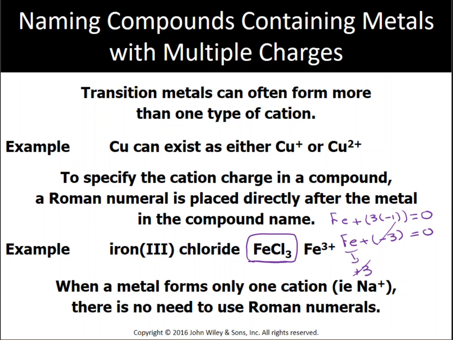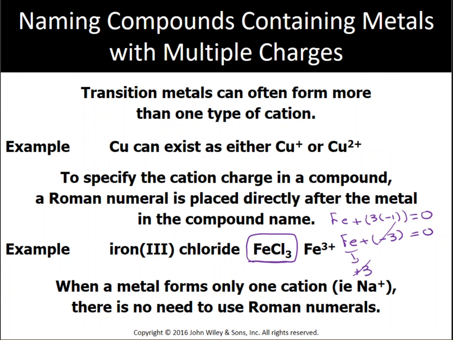So for every single ionic compound where your metal is a transition metal, you need to do this little calculation to figure out what the charge of the transition metal is. So keep in mind that the way you're going to do it is by looking at the charge of the anion, because the charge of anions are fixed.